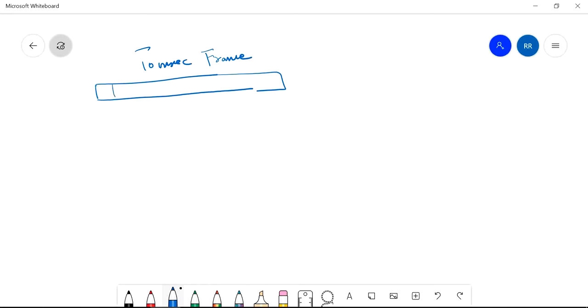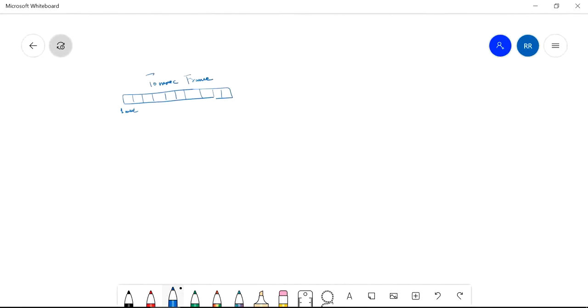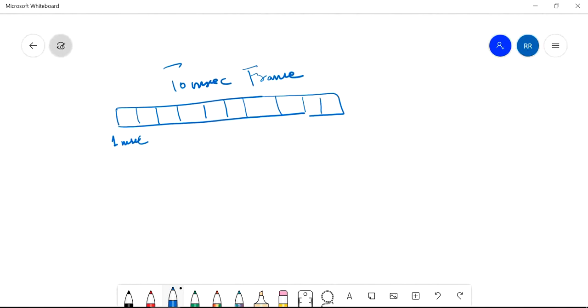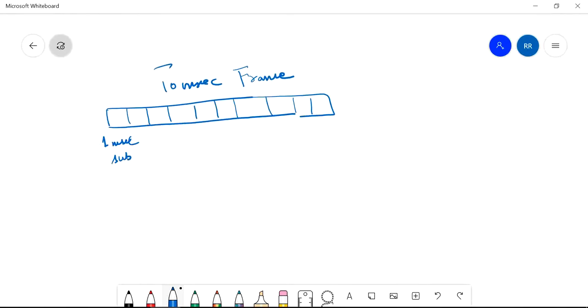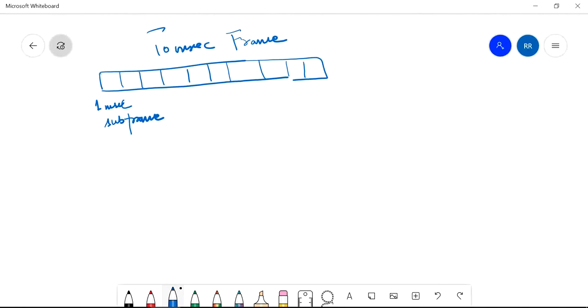And if we further divide this into 10 parts, 1 2 3 4 5 6 7 8 9 10, then 1 millisecond is called a subframe. Okay, fine. So this used to be the frame structure.